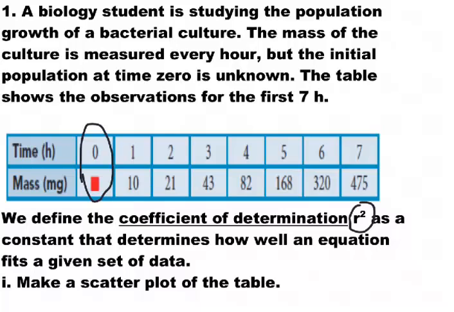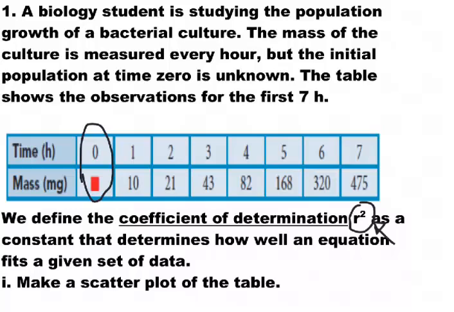Now, if I want to decide which one is best, either I can look at the graph, the scatter plot, or I can look at a number, r squared. We are not going to talk about how you find this number. We are going to use technology, especially Desmos, which is going to give us a number r squared, and then we are going to compare these r squared values for different types of modeling: linear, quadratic, or exponential.